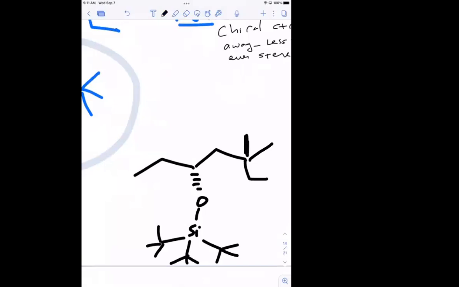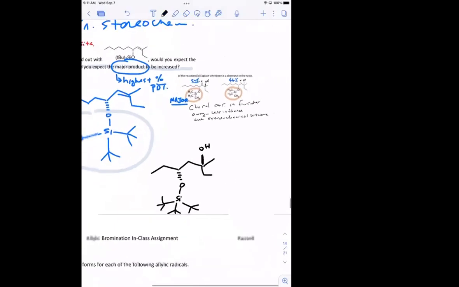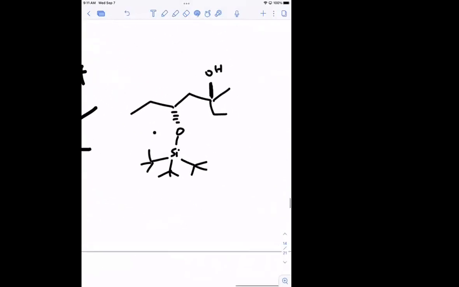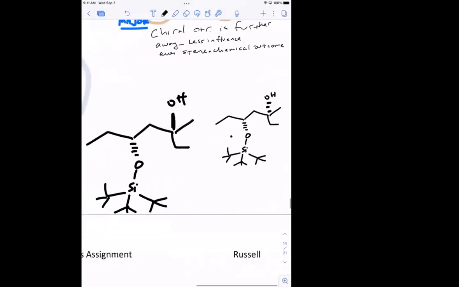So we get this product. That's one of them. And the other one, I'm just going to copy it. Right, the other one is going to be here, right? But this is going to be different. Is that right?